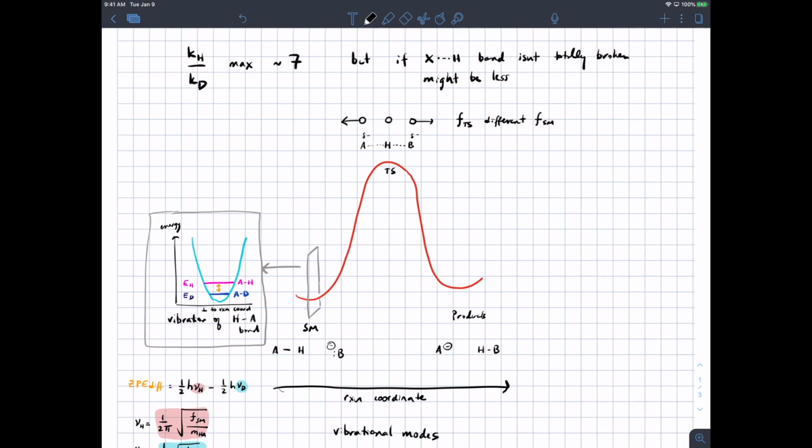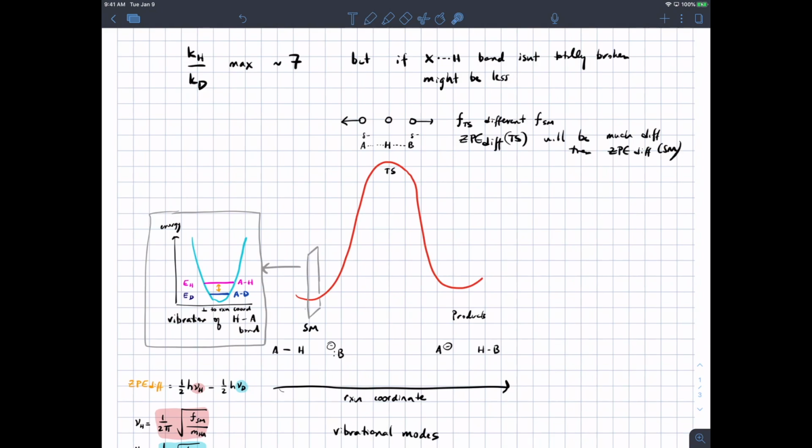And if the force constant at the transition state is different from the force constant in the starting material, that means the ZPE difference, the zero-point energy difference in the transition state, will be much different than the zero-point energy difference in the starting material.